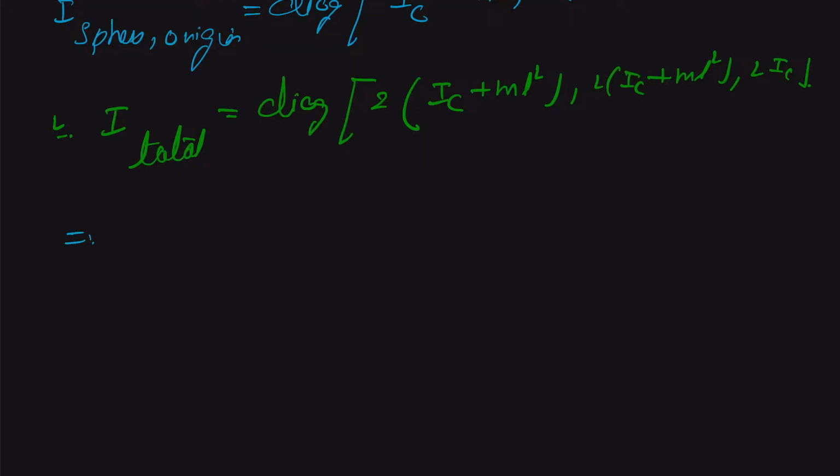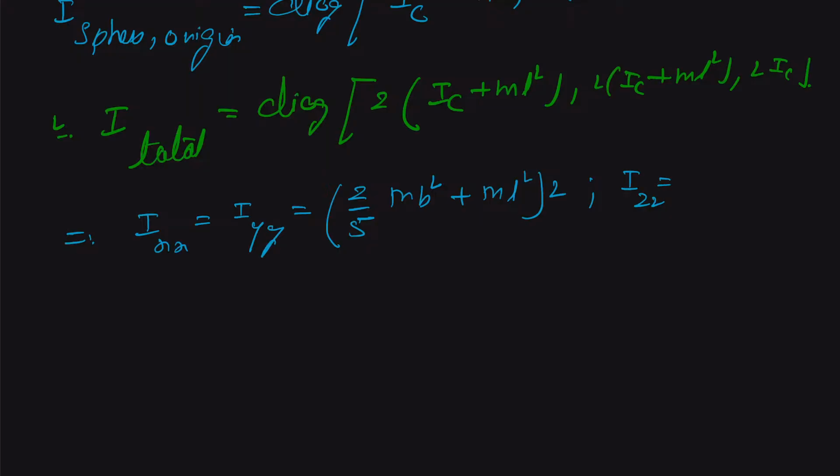Therefore, we get that the x-axis will be equal to the y-axis, and that will be equal to 2 by 5 mb square plus ml square multiplied by 2, and the z-axis will give us 2 times IC, which is 2 by 5 mb square.